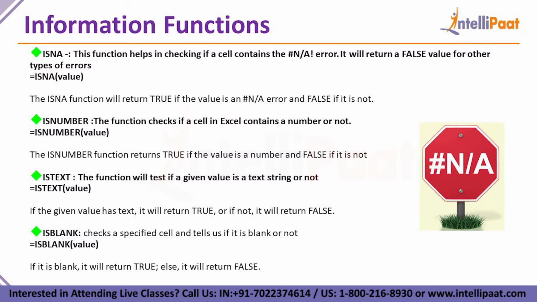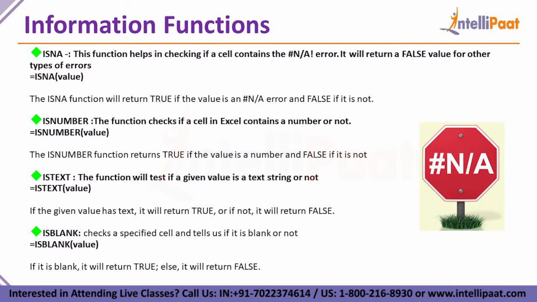When we use this function, it will check if any cell contains the NA, or not available, error. If there is this error, the function will give us true, and false if there is no error or a different error. Then ISNUMBER checks if a cell contains a number; if there is a number, it gives true, otherwise false.